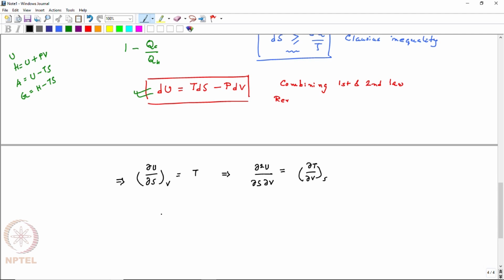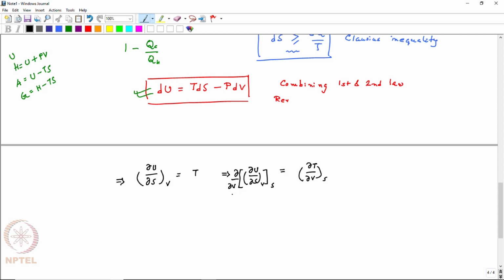We can write it more explicitly as ∂²U/∂V∂S. We first took the derivative with respect to S, keeping V constant, and then in the second step we took the derivative of this quantity with respect to volume, keeping S constant.